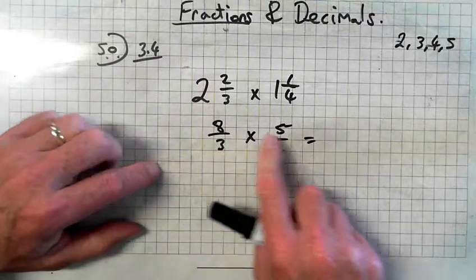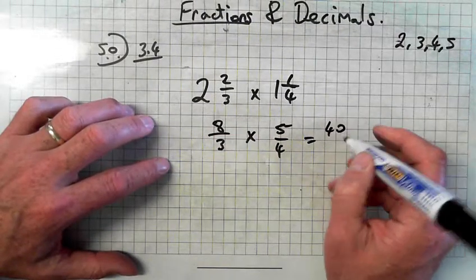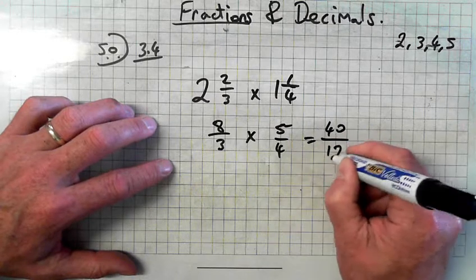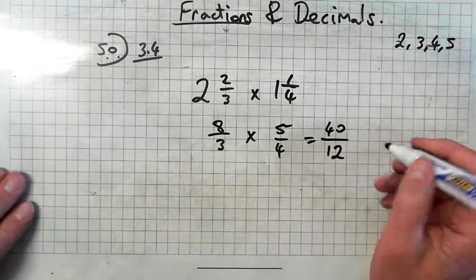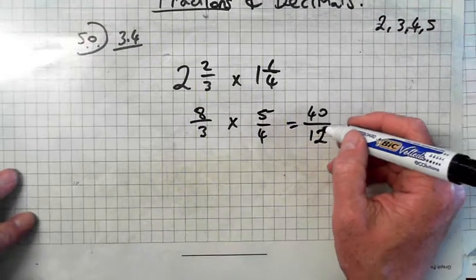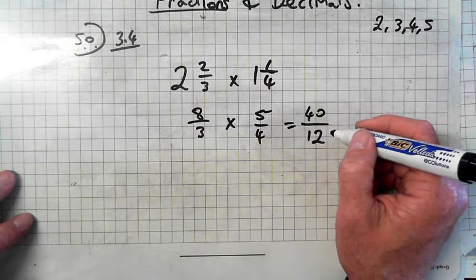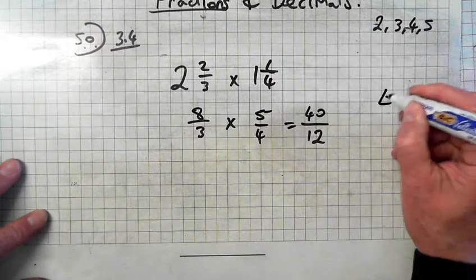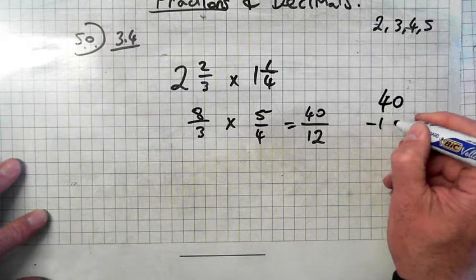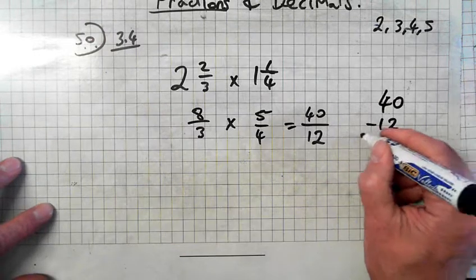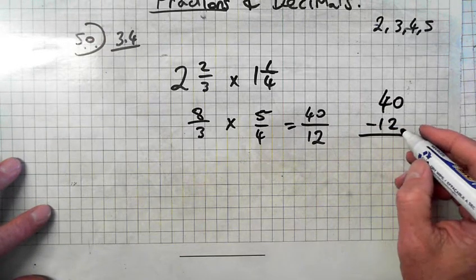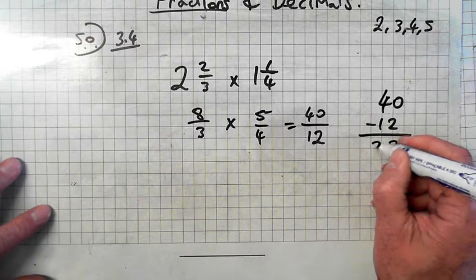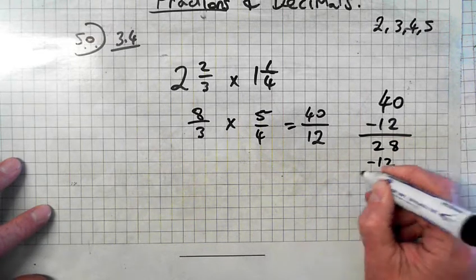Alright, so 8 5s are 40 and 3 4s are 12. Alright, so what we can do now is put it back into a mixed number. So we can go 40 and we can start subtracting 12s. Subtract 12, and what do we get? 28. I can subtract 12 again.